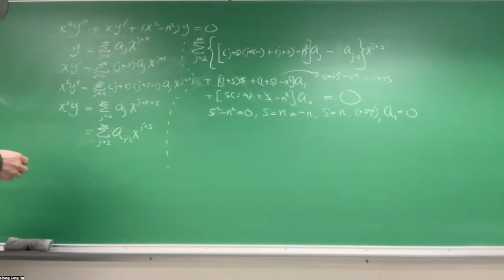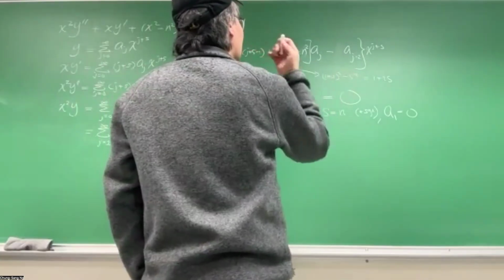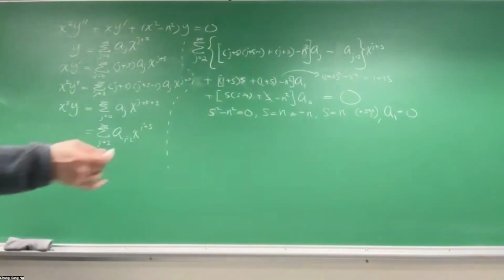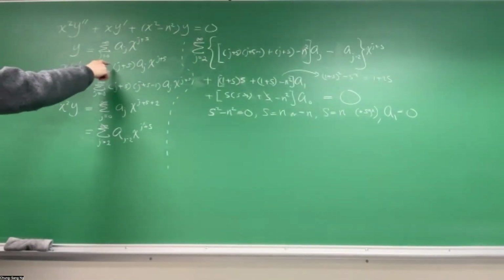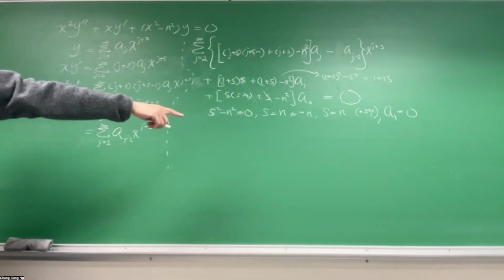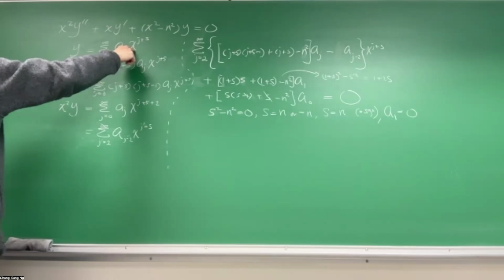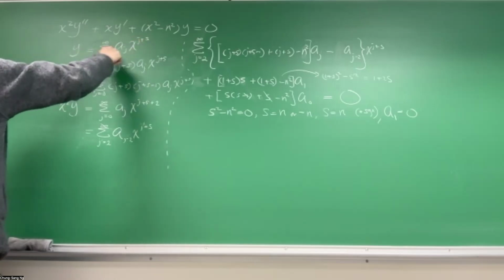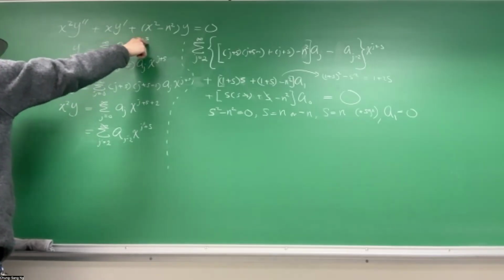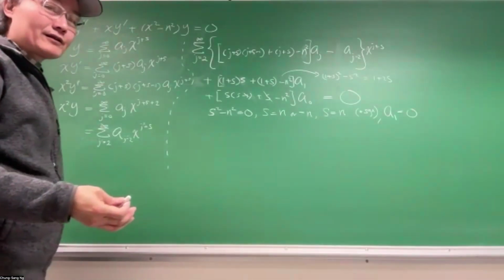Okay, and so now the solution will be this one. So you start with S equals N. That's the choice of whether N is positive or negative. Basically, if N is positive, j starts from 0, you start from a0 x to the N power, which is a positive power, which will be regular at the origin.